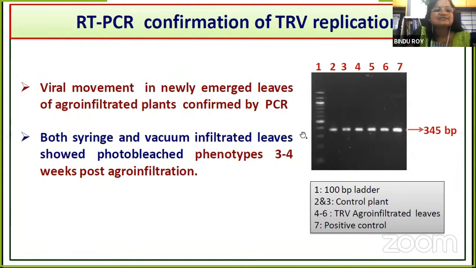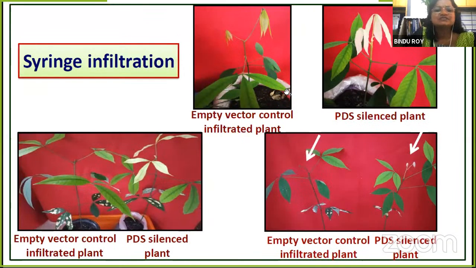And once that is done, RT-PCR confirmation of the TRV replication is done to know that the viral movement in the newly emerged leaves has taken place. This has been confirmed by PCR, and we could find that both syringe and vacuum infiltrated leaves showed photo bleaching effect within 3 to 4 weeks post agro-infiltration, which lasted for over 2 months. So this is the picture.